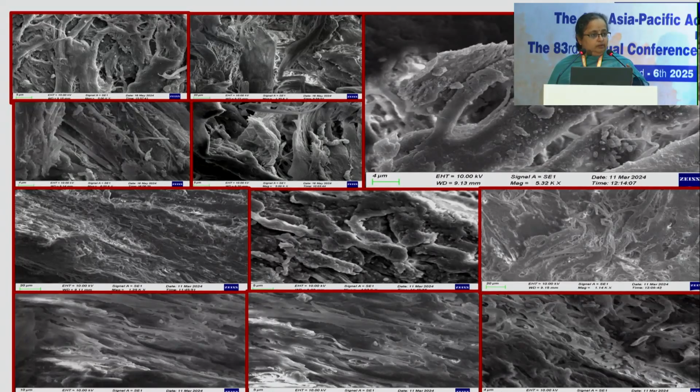So when we do scanning electron microscopy of trabecular meshwork samples taken out, this is pure trabecular meshwork, not the samples which contain the cornea and the sclera. This is a patient of steroid-induced glaucoma. In steroid-induced glaucoma, we know that there are steroid polymers or glycosaminoglycan deposits which block the trabecular meshwork.